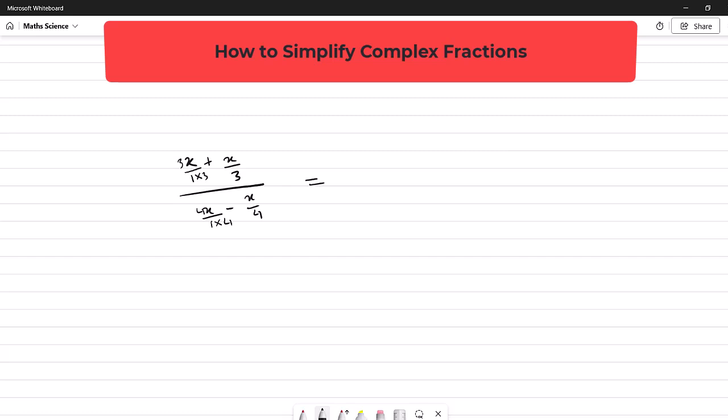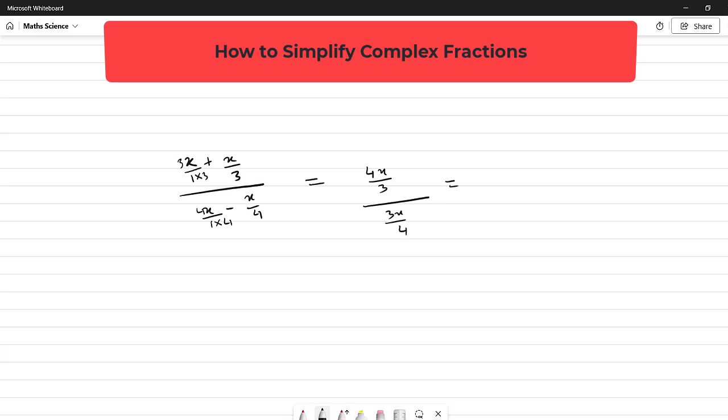So now we have the same denominator, so this becomes 3x plus x, which is 4x, divided by 3, and then this whole thing divided by 4x minus x, which is 3x divided by 4.